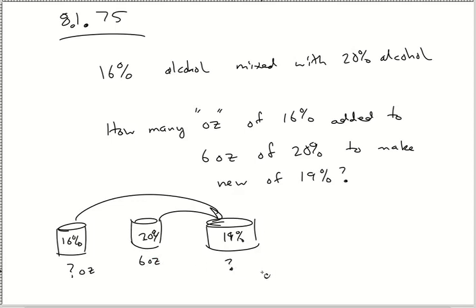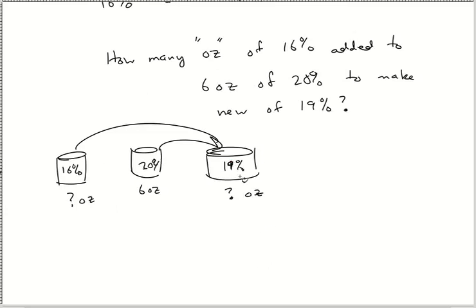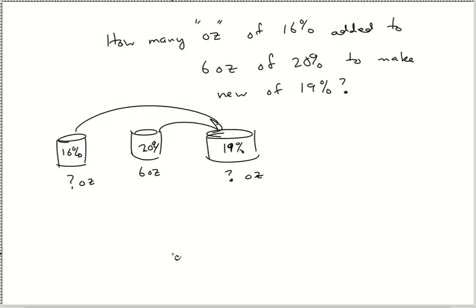Again, I don't know my answer here, but I know that it's going to be more than 6. I don't know, 7 ounces, whatever it is. So how do I tackle this problem? Well, notice it's going to be a systems of equations thing, mainly because it's in this section.